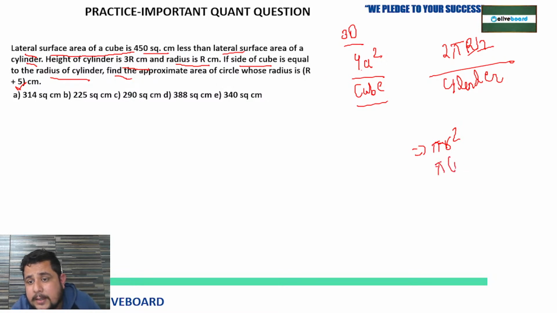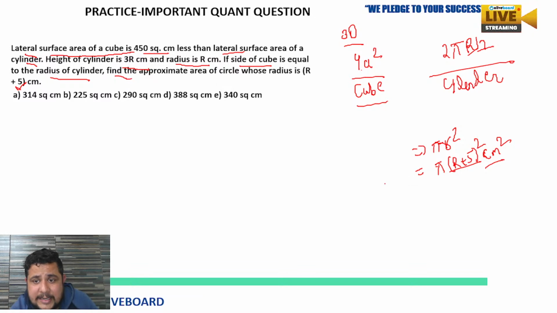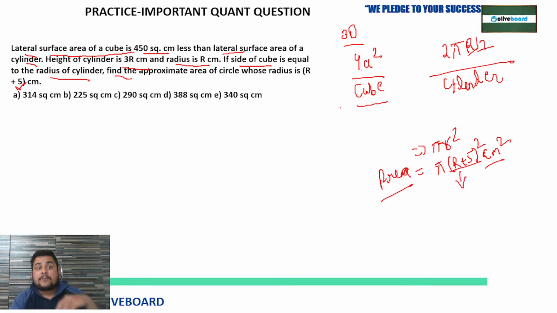So pi times (r plus 5) whole square, centimeter square, will be our area of the circle, which is required. But do we know this r's value? No. So by the relation given in the statement, we will get the value of r, then we will put it in and get the answer. Are you getting my point?